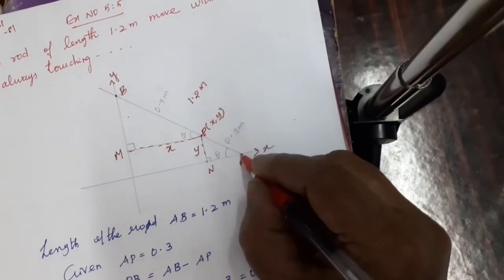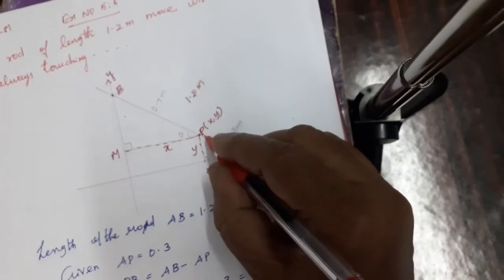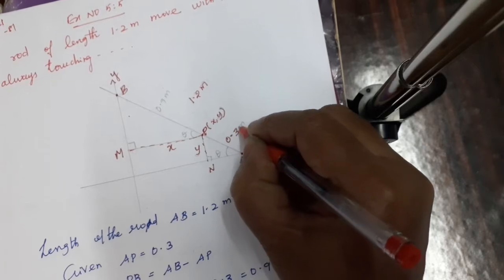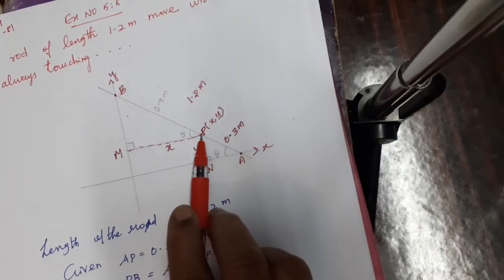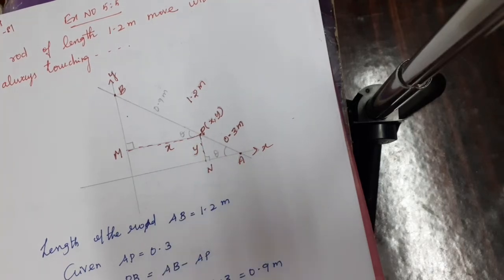What is the distance from P to the x-axis? 0.3 meter, the question itself gives it.